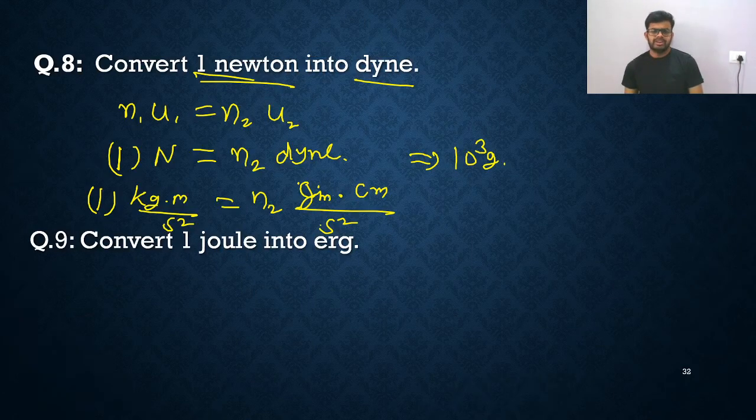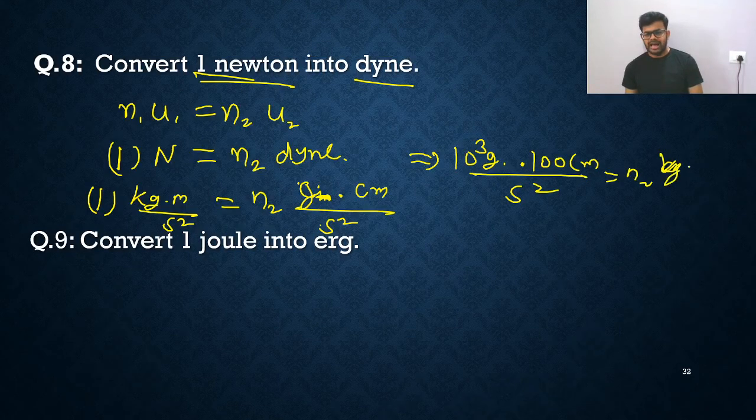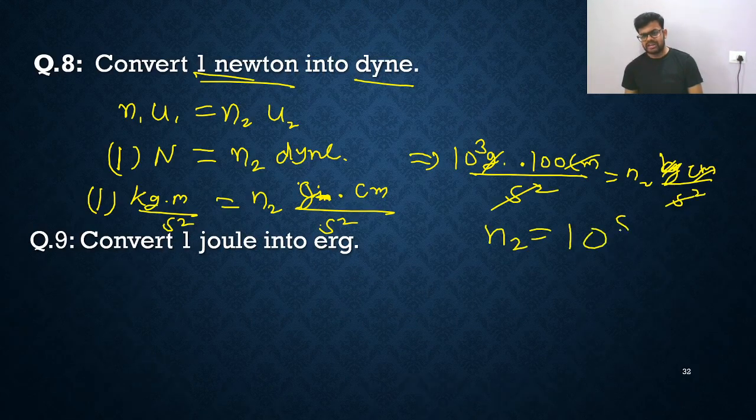Next, 1 meter is 100 centimeter. So that is N2 gram centimeter per second square. Cancel gram centimeter per second square. So you are getting N2 is equals to 10 raised to 3 into 100, so 10 raised to 5. Finally, 1 Newton is equals to 10 raised to 5 dyne.